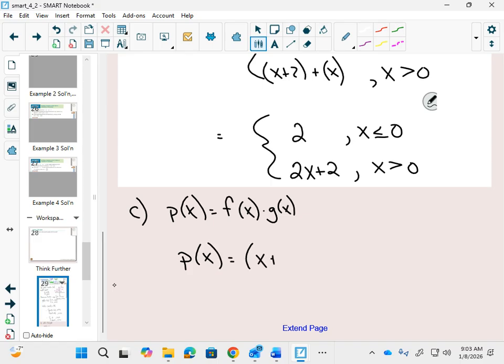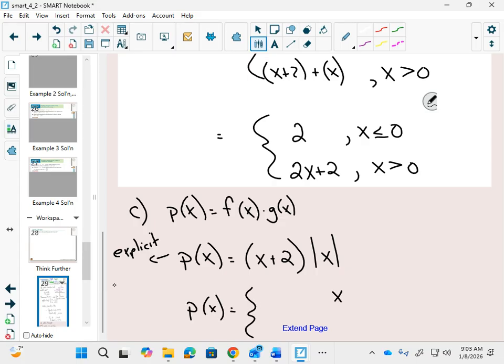So f of x was x plus 2. G of x was the absolute value of x. And I'm not even going to attempt to multiply things by just looking at the graph. I'm going to see if I can find the explicit equation in piecewise. So here's my explicit, as a piecewise function.